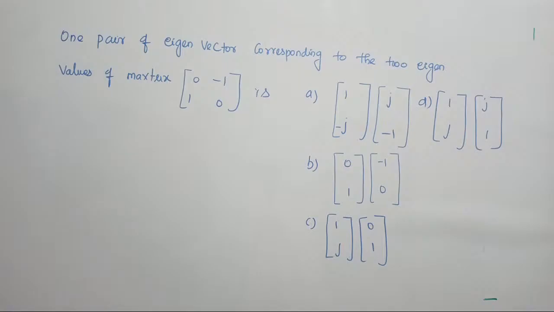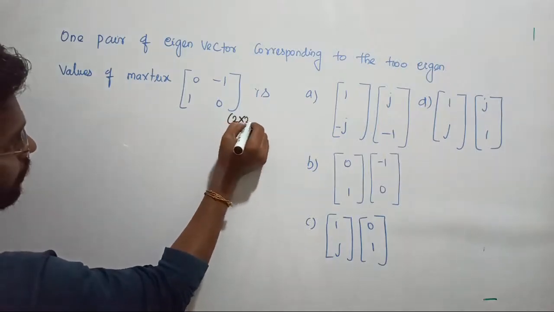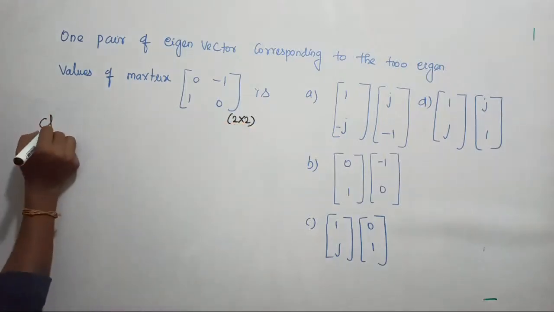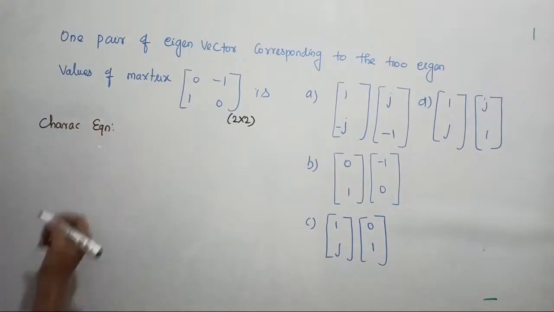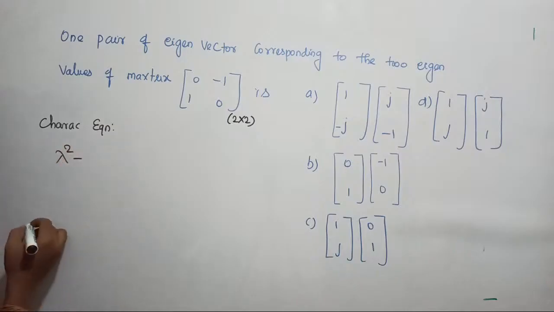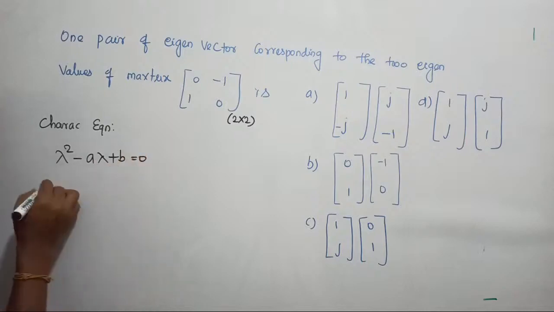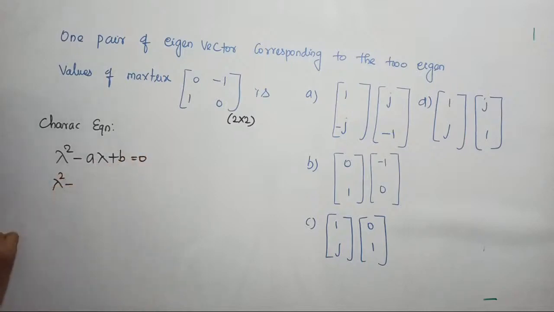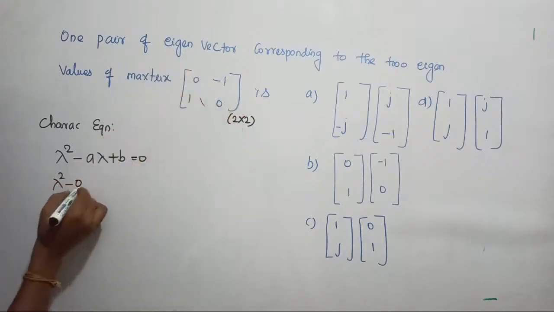The thing is, if you want to find the eigenvalue for this matrix, it is a 2 cross 2 matrix. So write down the characteristic equation. Step number 1, we have to find the characteristic equation. So let's write lambda square minus a into lambda plus b equal to 0, where a is the sum of the principal diagonal, that is 0 plus 0, which is 0.